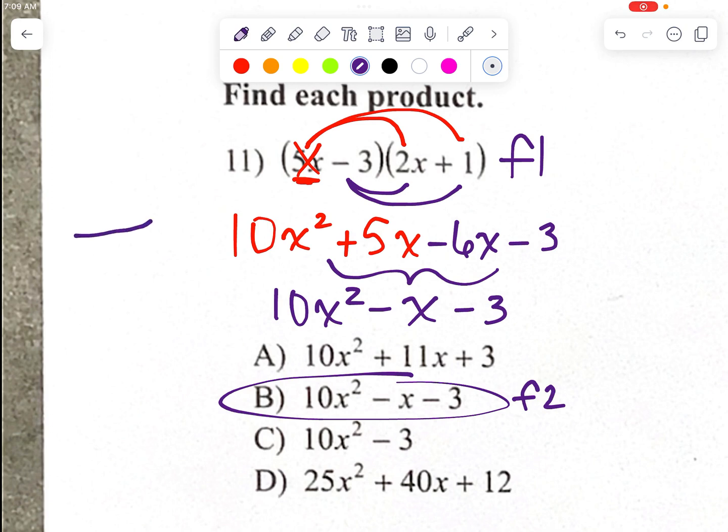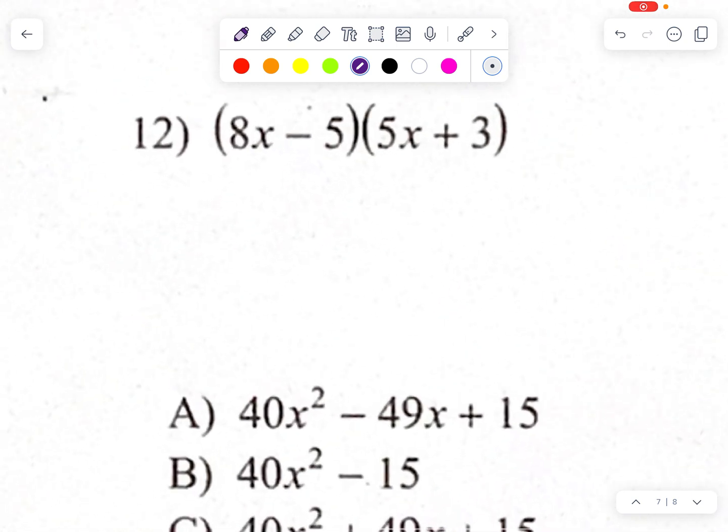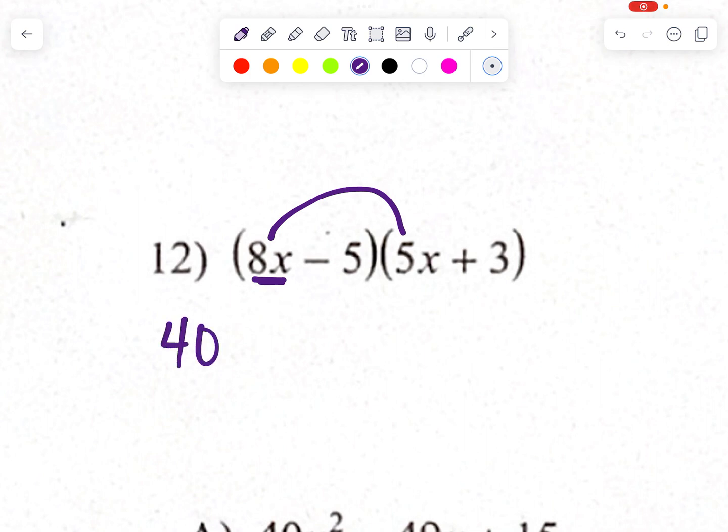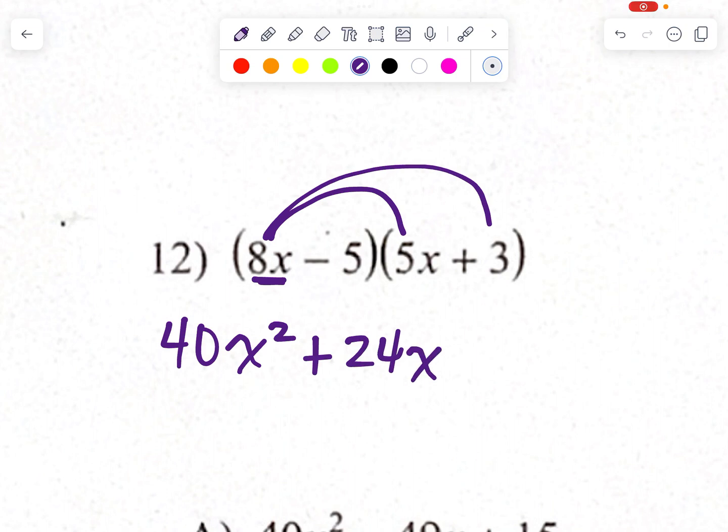All right, let's look at 12 here. We're going to do the same thing. Let's start with our 8x. We're just going to multiply that over. 8 times 5 is 40. X times x is x squared. But we have to multiply it again times 3. 8x times 3 is +24x. All right, we're done with the 8x.